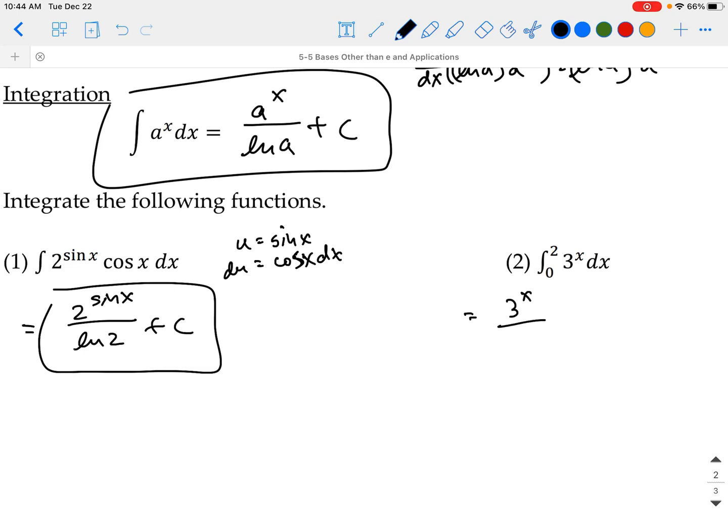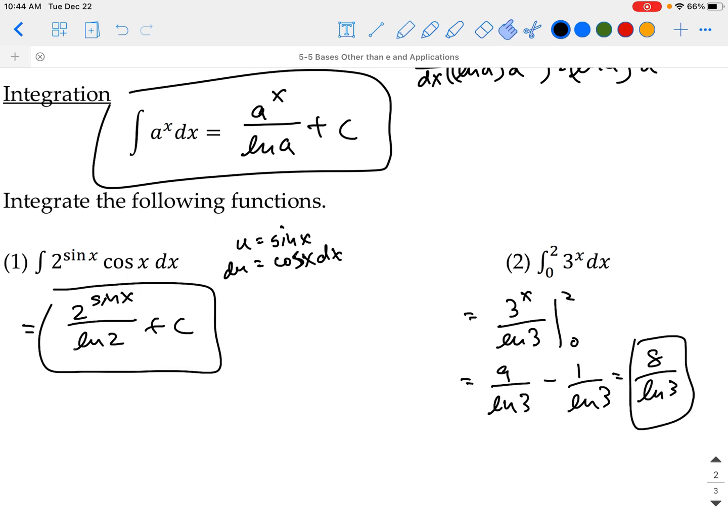And then for 2, we'll get 3 to the x over the natural log of 3, evaluated from 0 to 2. So we'll get 9 over the natural log of 3 minus 1 over the natural log of 3, which simplifies to 8 over the natural log of 3.